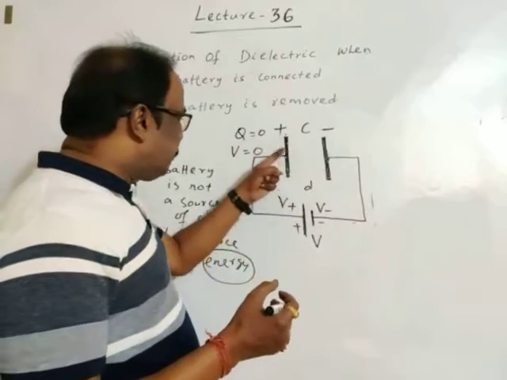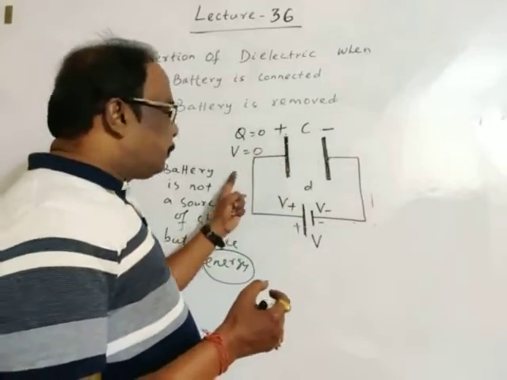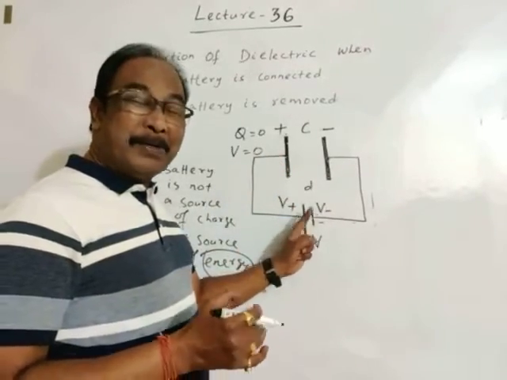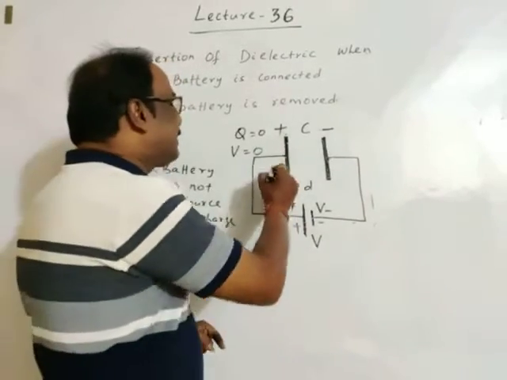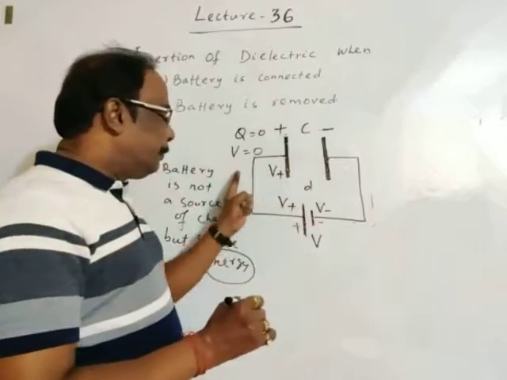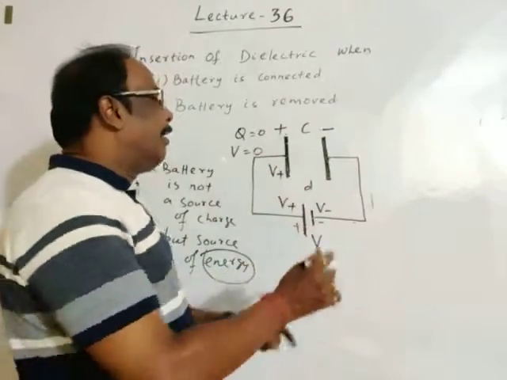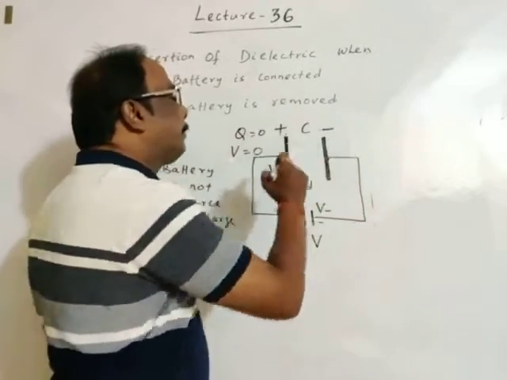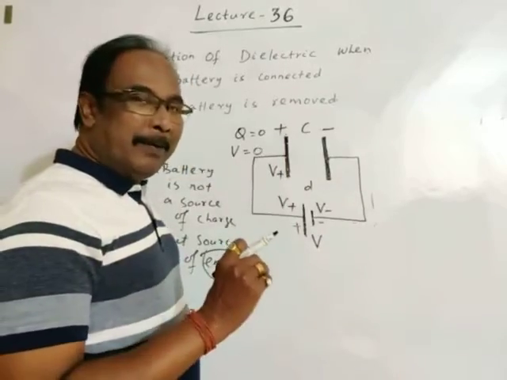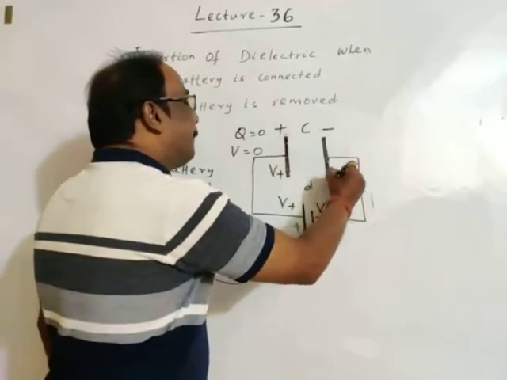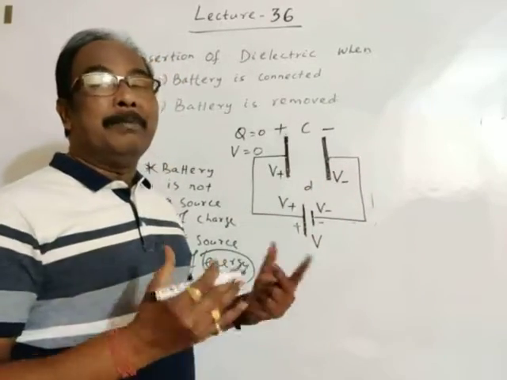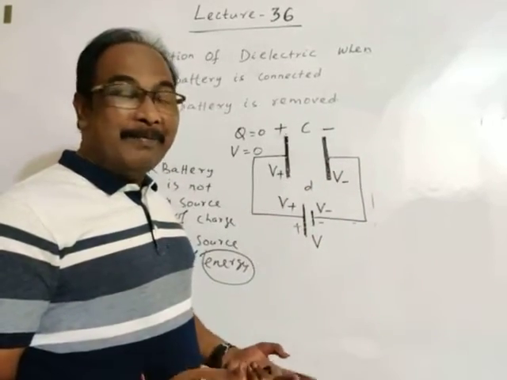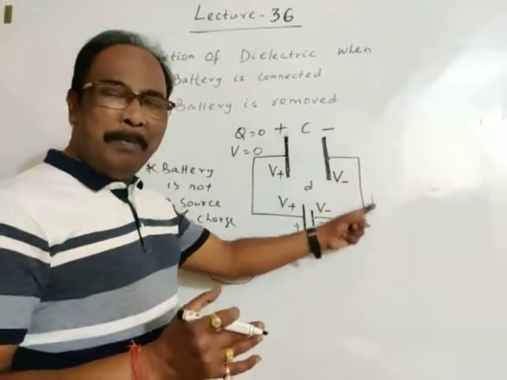Electrons will be removed from one plate until its potential becomes equal to the potential of the positive terminal, and electrons will get added to the second plate. When the potential of the second plate becomes equal to the negative terminal of the battery, the charging process will be completed.